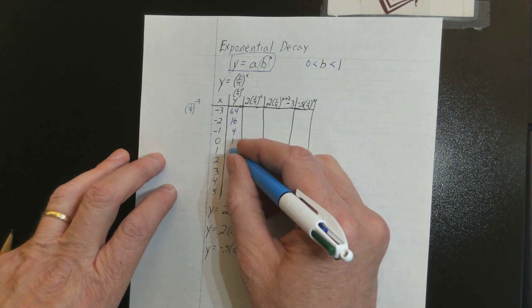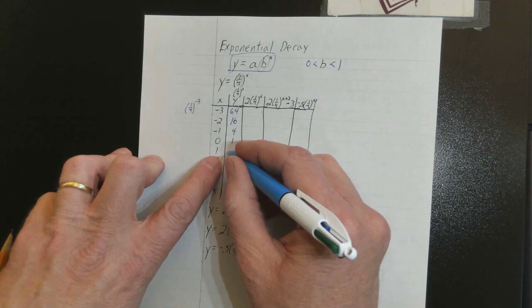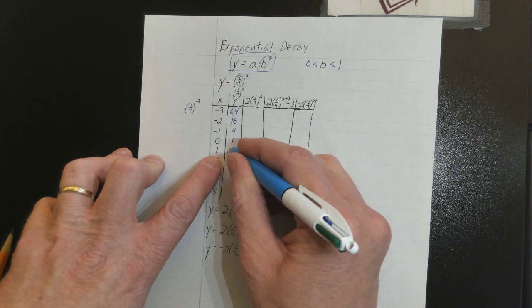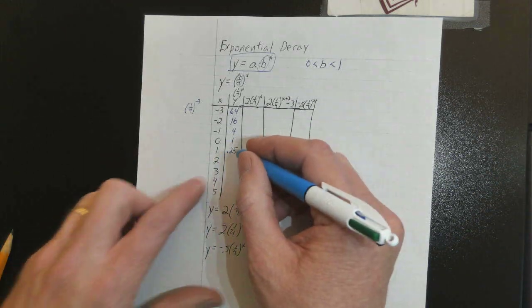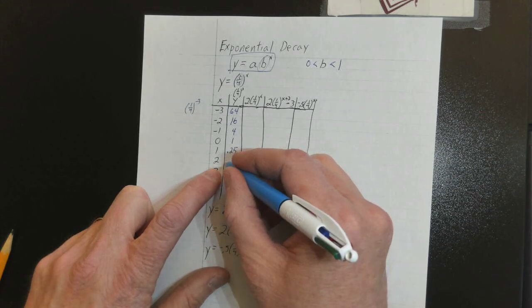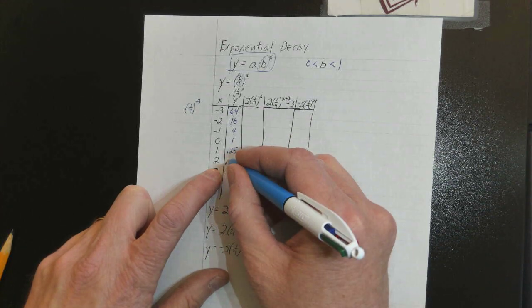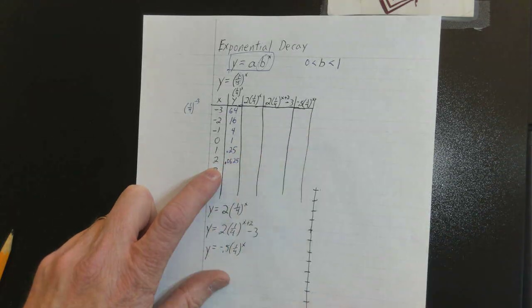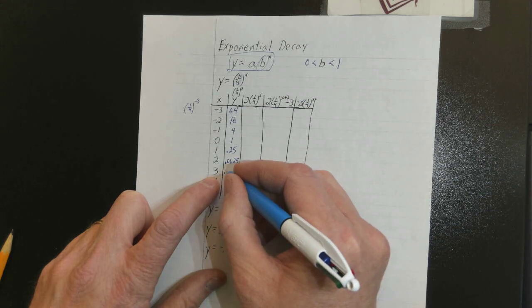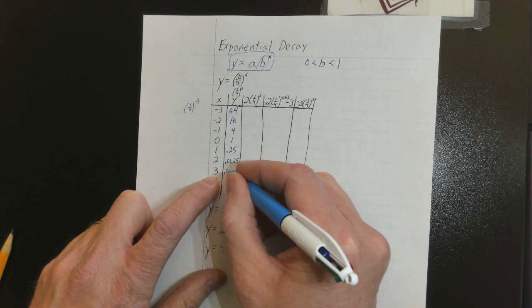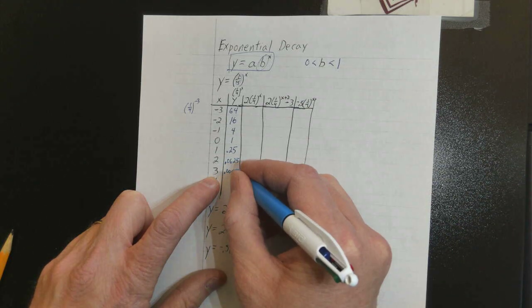Did you have to calculate that one? We can go decimals if you want. 1/4 to the first. 0.25, right? To the second. 0.0625. To the third. 0.0156.